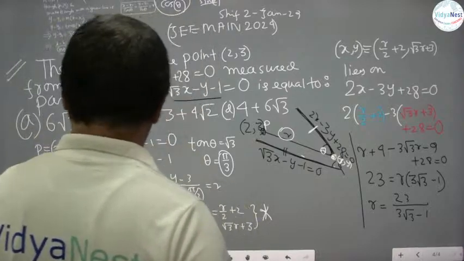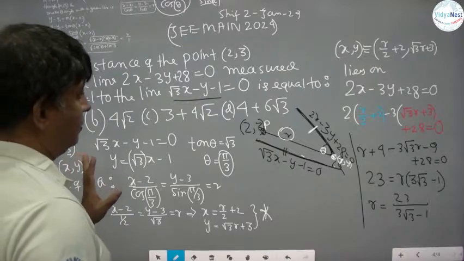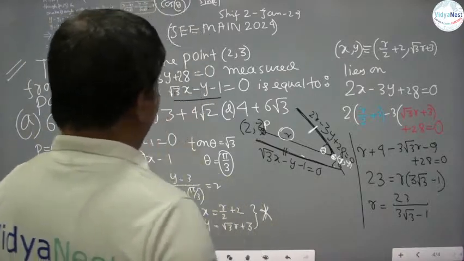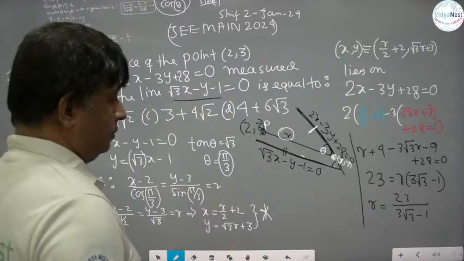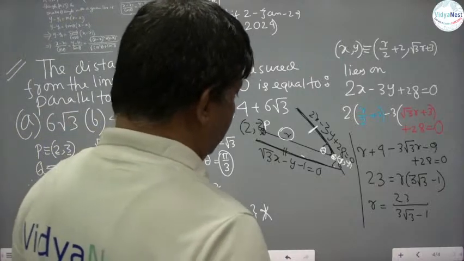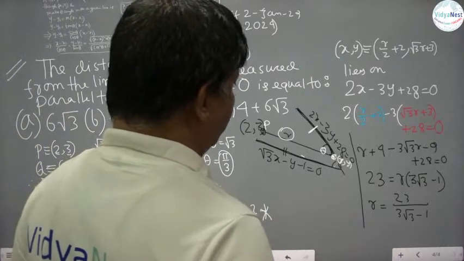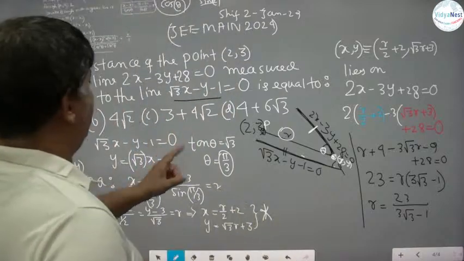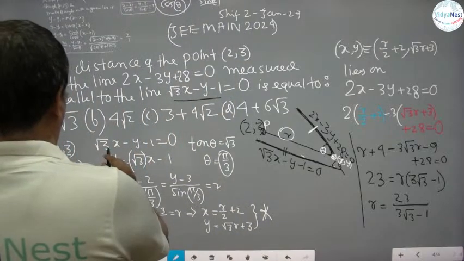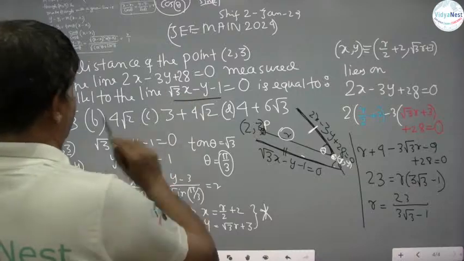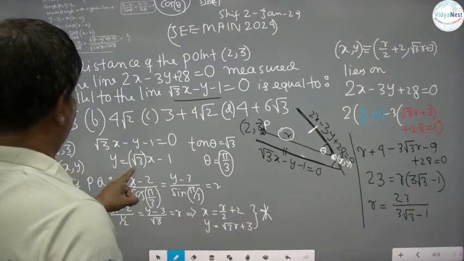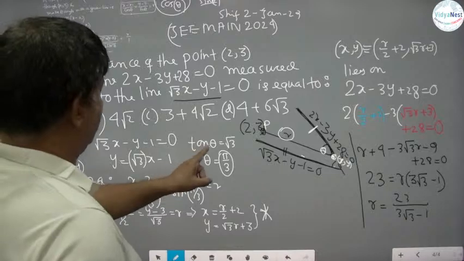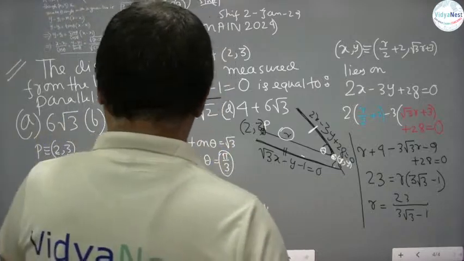So, at the beginning, what will you do? You see, first of all, root 3x minus y minus 1 is given. Its slope is root 3. Root 3 means tan theta is pi by 3.